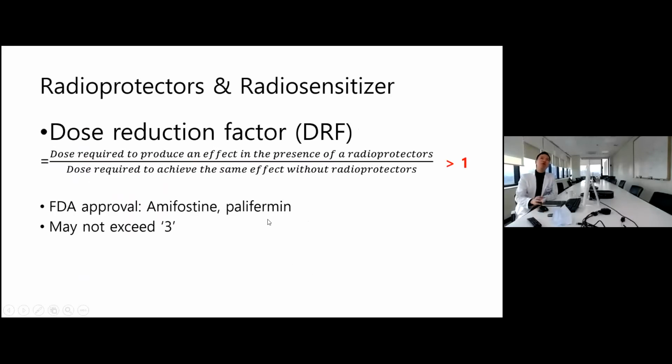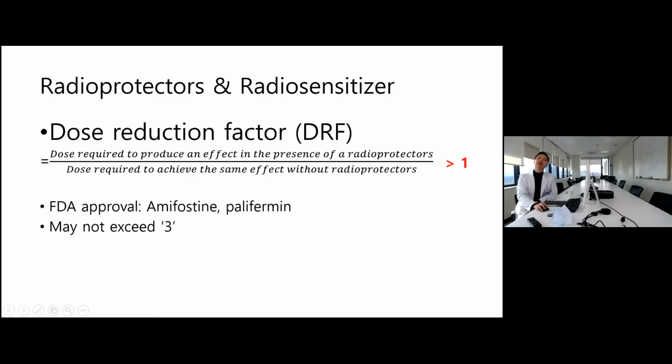How much the dose can be reduced by the radio protector is shown as the dose reduction factor. It is defined as the ratio of the dose required to produce an effect in the presence of the radio protector to the dose required to achieve the same effect without the radio protector.